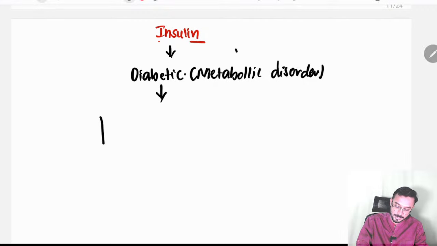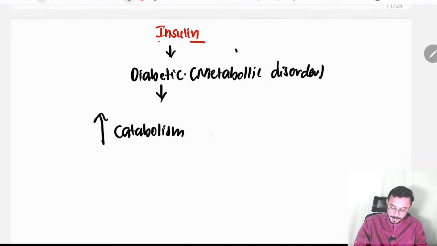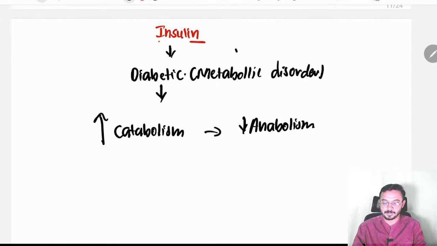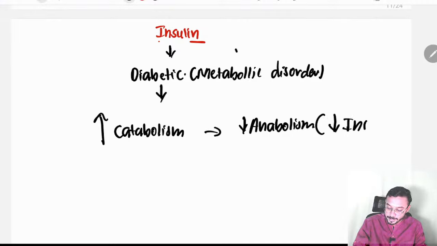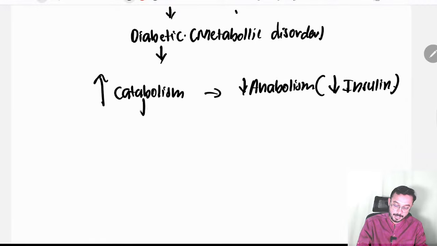So that's why there is an increase in catabolism and a decrease in anabolism. So what do we mean by catabolism? Anabolism is, remember, whenever in our body insulin levels get decreased, that is known as catabolism. And what happens in catabolism is that stores get broken down.